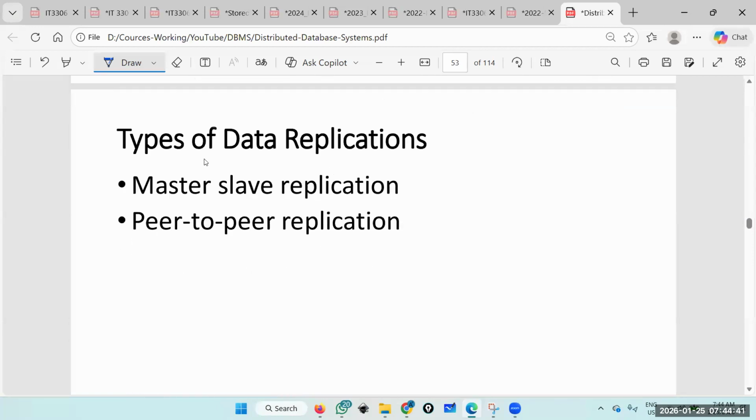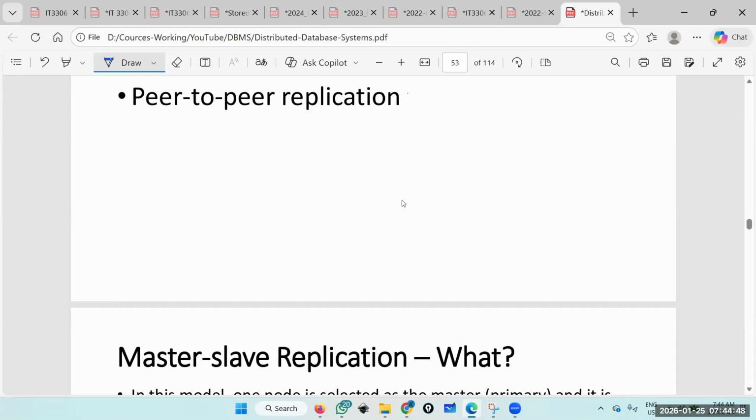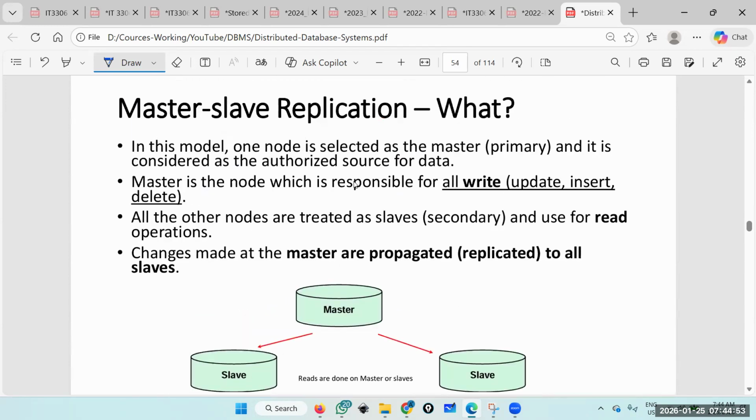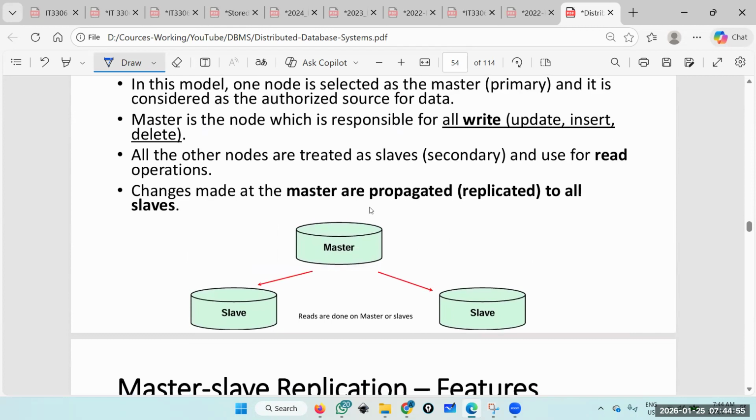So then the type of data replication can be master-slave or peer-to-peer. Anyway, we discussed this in the other topic also. So in master-slave replication, all writes are done to the master, and the master's task is to distribute them to the slaves, right? So there's a central point of failure, but better consistency because the master can handle the propagation in a much more controlled manner.